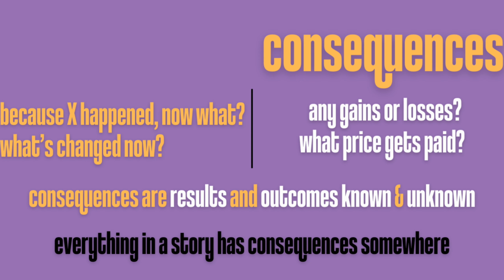Is it an existentially lonely and empty existence? Is it a tragically beautiful existence? Are you discovering that you can't trust adults anymore because the last 5 adults in your life turned out to be space aliens from Jupiter? There's always a price that gets paid by somebody in the story for something.